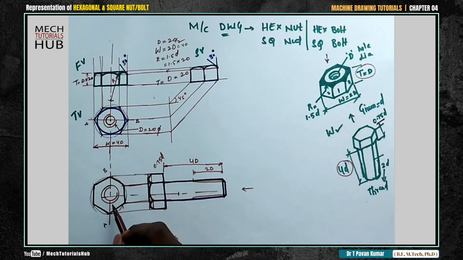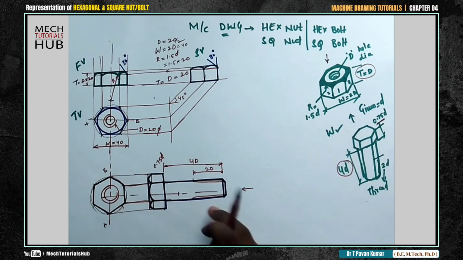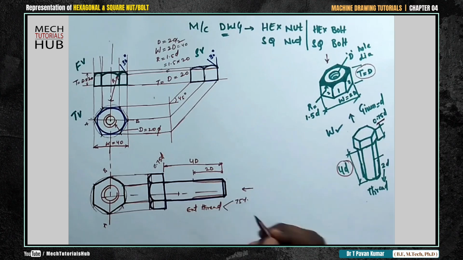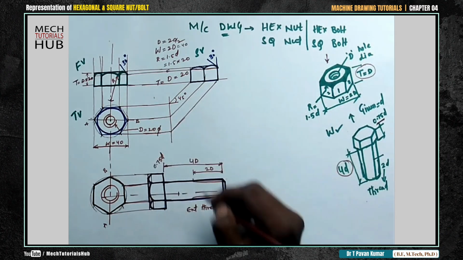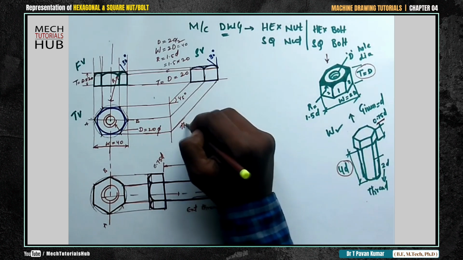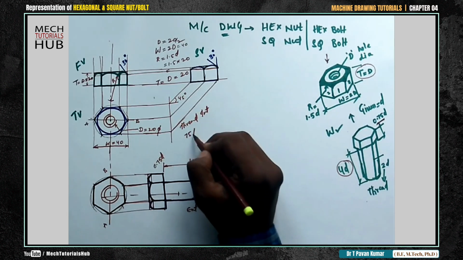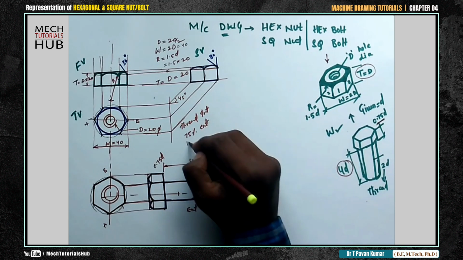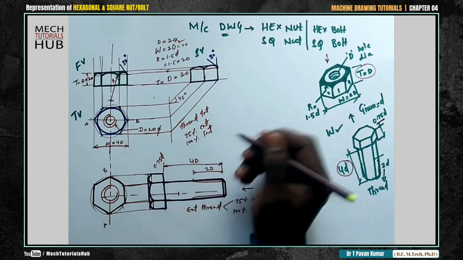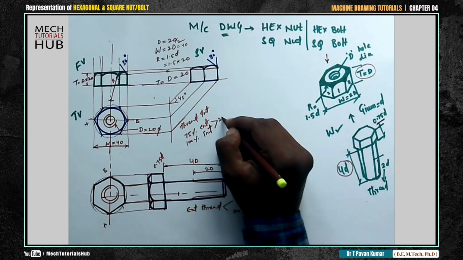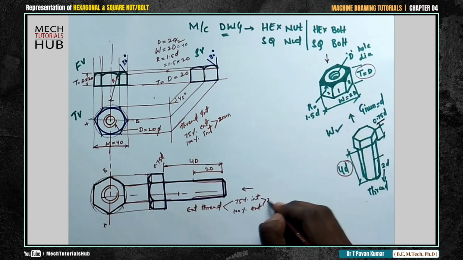Here we need to draw a 75% internal circle to show the representation of external threading. To draw external thread, 75% internal circle, external circle. To draw internal threading, 75% external, 100% internal. There should be a gap of 2 mm only.